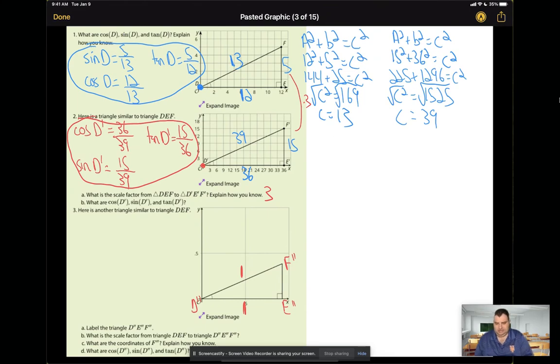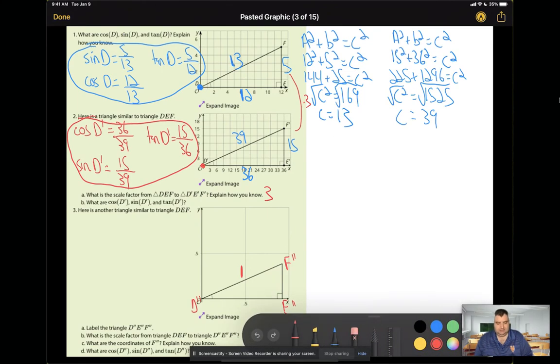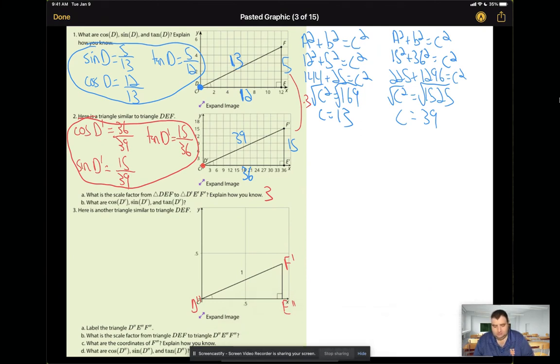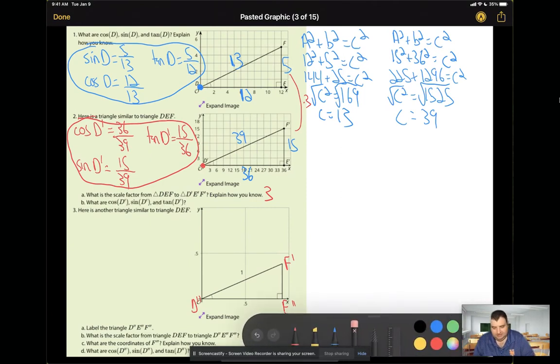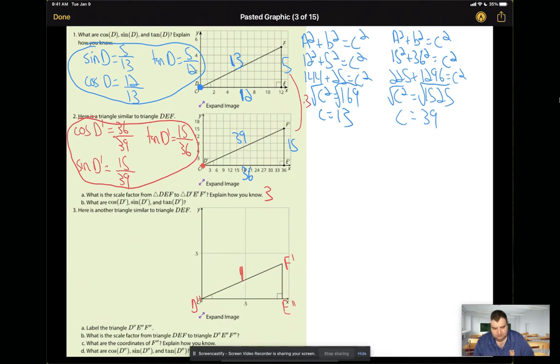And actually, I'm incorrect. So let's go back and look at this here. I know that the hypotenuse is 1. So to go from 13 to 1, that means I have to divide by 13.